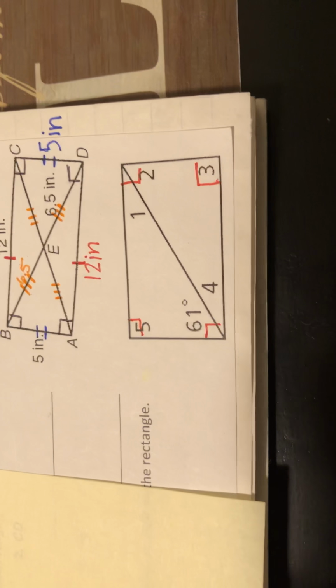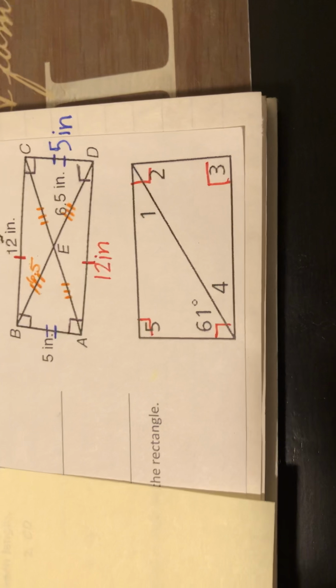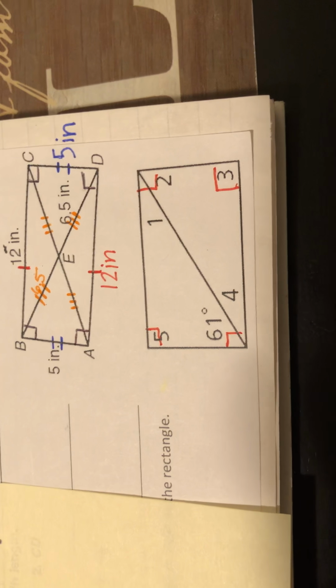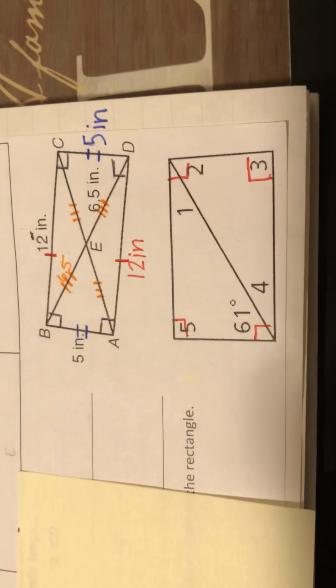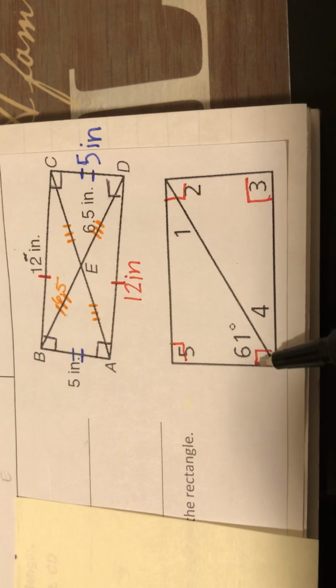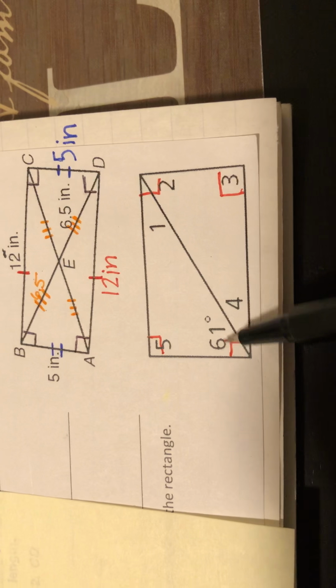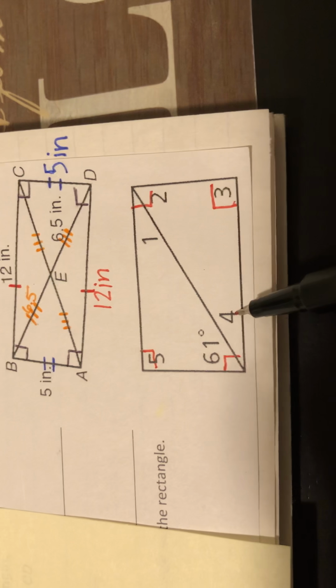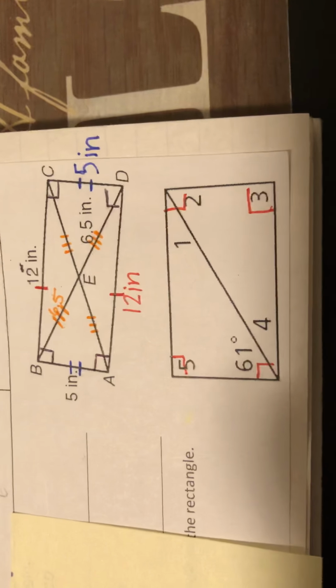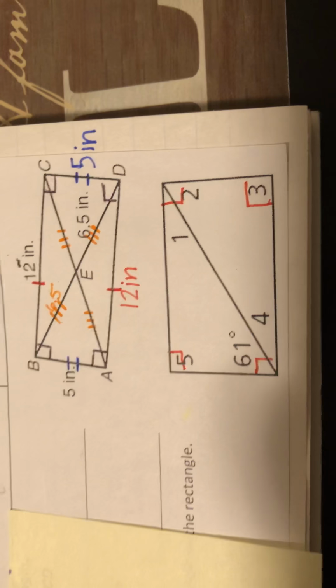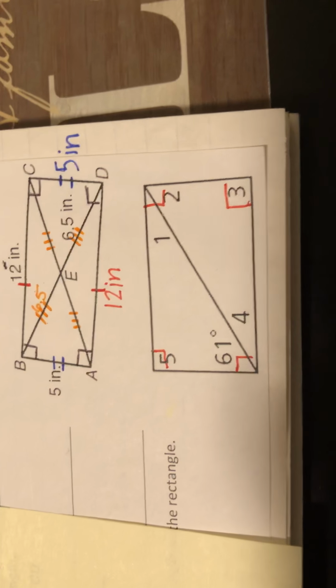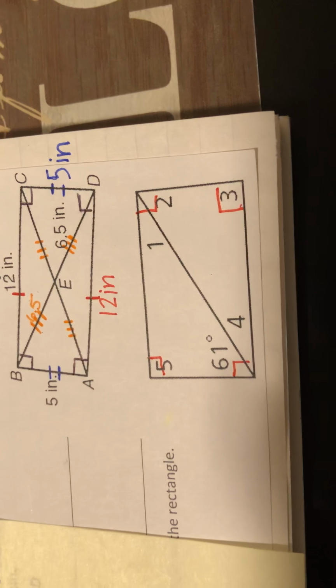Okay, so now let me think. Is Ms. Corrales trying to trick me with something? No, she's not, because she seems pretty nice sometimes in class, right? Okay, so if she's telling me that this corner is 90, but this piece is 61, what do I do to get 4? Let's see. Maybe I can just subtract, right?